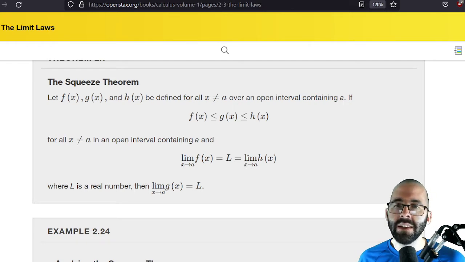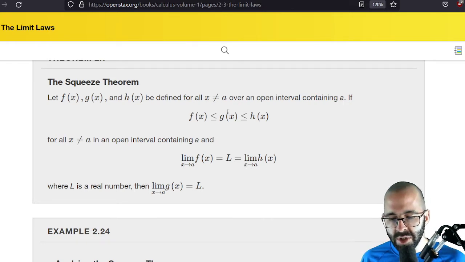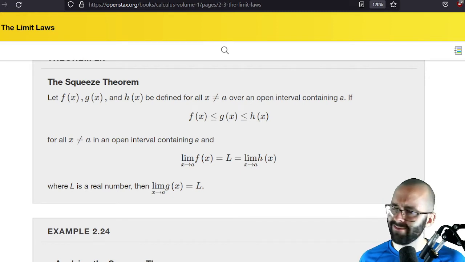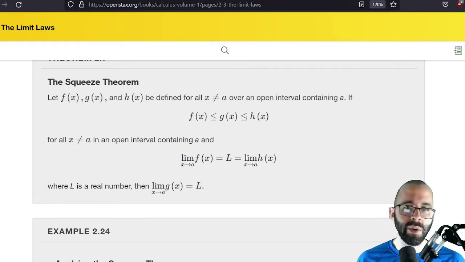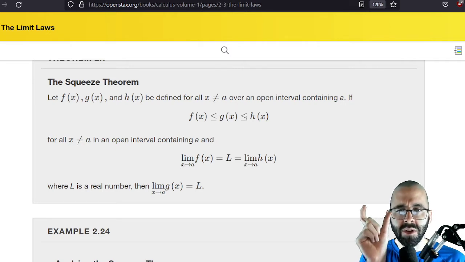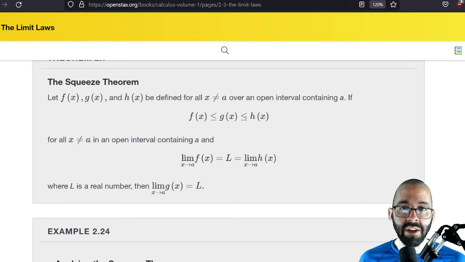So if g is between f and h, this just means g is bigger than f and g is smaller than h. If we look at some interval where this happens, it doesn't have to happen everywhere. But if we look at some interval around A, and this is happening, g is stuck between f and h.